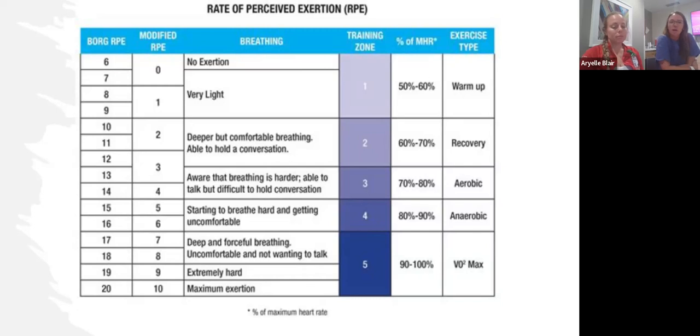You can focus on concentric strengthening or isometrics first, see how your body responds. And like Aryelle had mentioned before, we want you to do a combination, also adding in aerobic training, functional mobility, balance and gait training, and then aquatics.